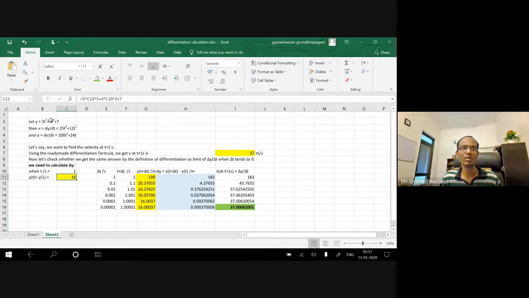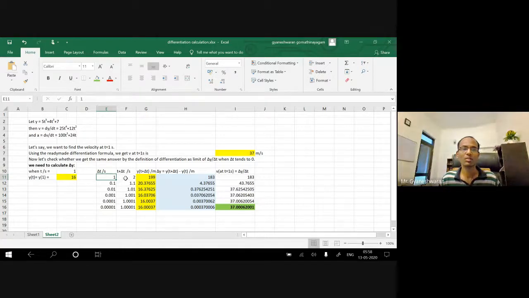So I just keyed in the equation of y. And delta t is the time interval we are going to use. We are starting with a delta t of 1 second, then decreasing the time interval by a factor of 10 each time: 1, 0.1, 0.01, and so on.